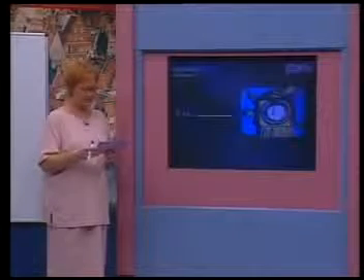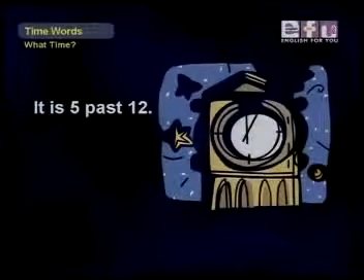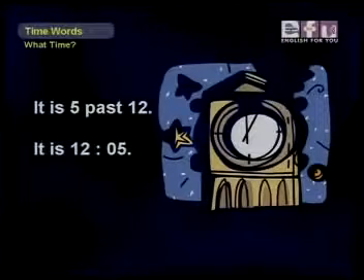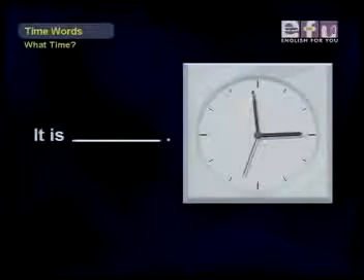Okay, Lisa, back to you. It is 5 past 12. Mm-hmm. It is 12:05. All right. It is 5 past 12. It is 12:05. Lisa, is it midnight? Yes, it is midnight. Okay. All right. Isabel, the next one for you. It is 3 o'clock.